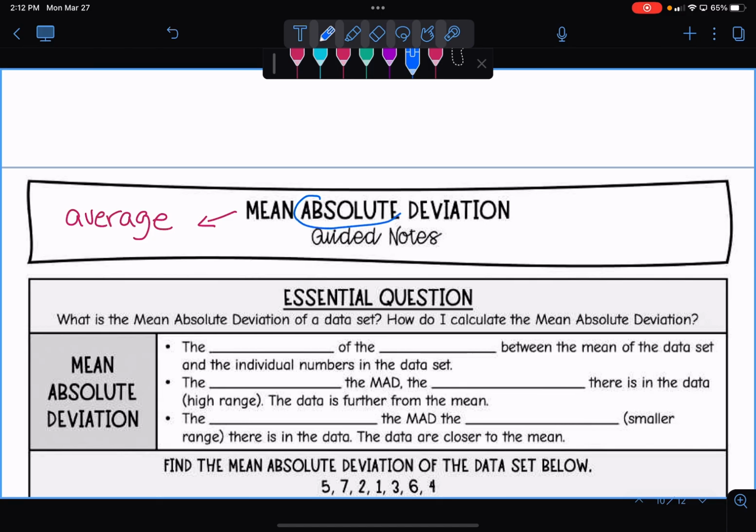Absolute means absolute value, and absolute value means it's going to be positive. Absolute value is the distance from 0. It's a positive number. And then deviation is just going to be our distance. How far are we from the mean?